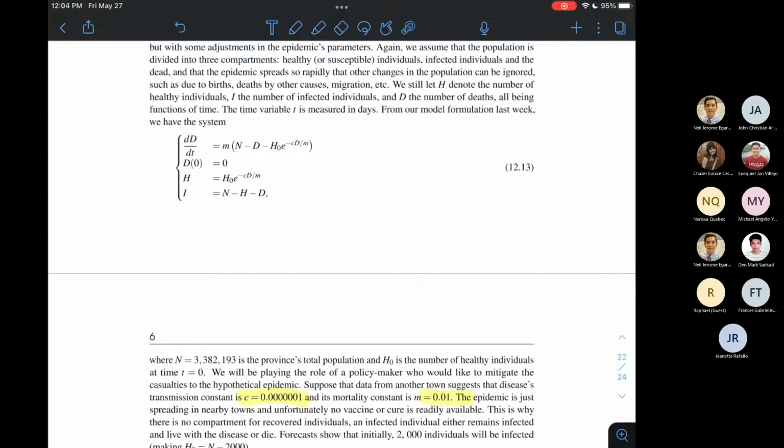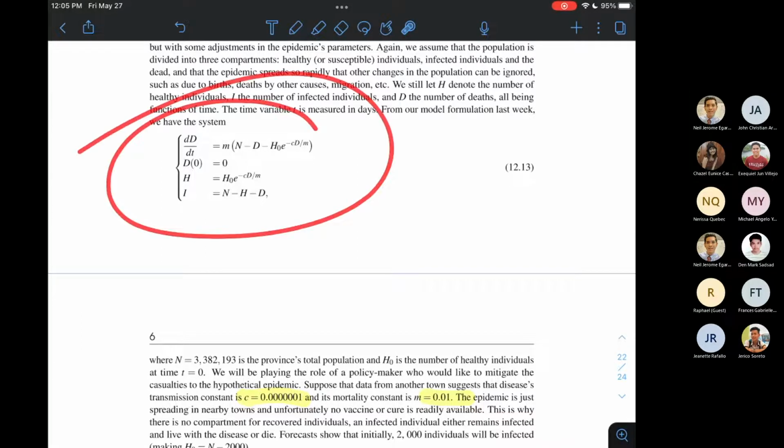Nakuha itong data na to mula sa kunwari sa isang katabing town kung saan meron ng epidemic, and then we want to see the effect of not introducing mitigating or intervening measures sa pag-spread ng epidemic. Halimbawa, papabayaan lang natin. So mag-work ba yung pagkakaroon ng natural immunity? So assuming na wala tayong interventions, ito yung model na magaganap.